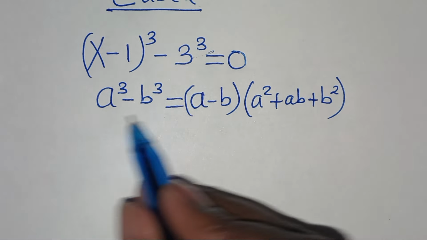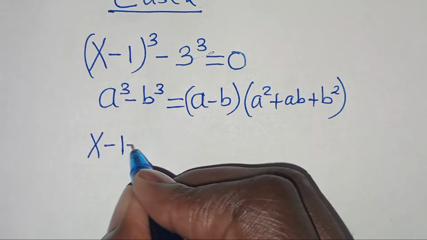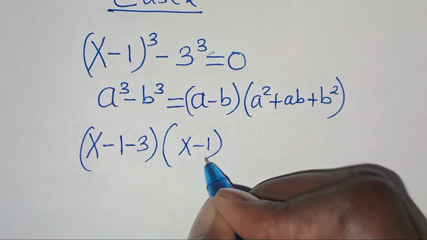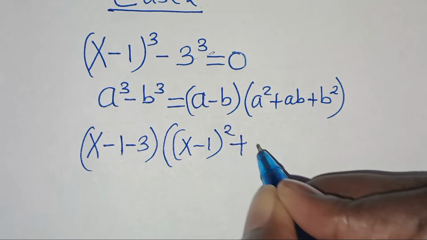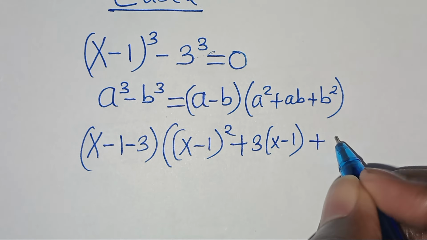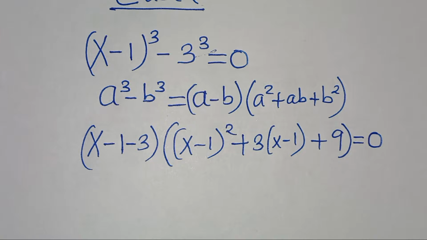Now applying this identity, we have x minus 1 minus 3, then x minus 1 to the power of 2 plus 3 times x minus 1, then plus 3 squared, which is 9. This is equal to 0.